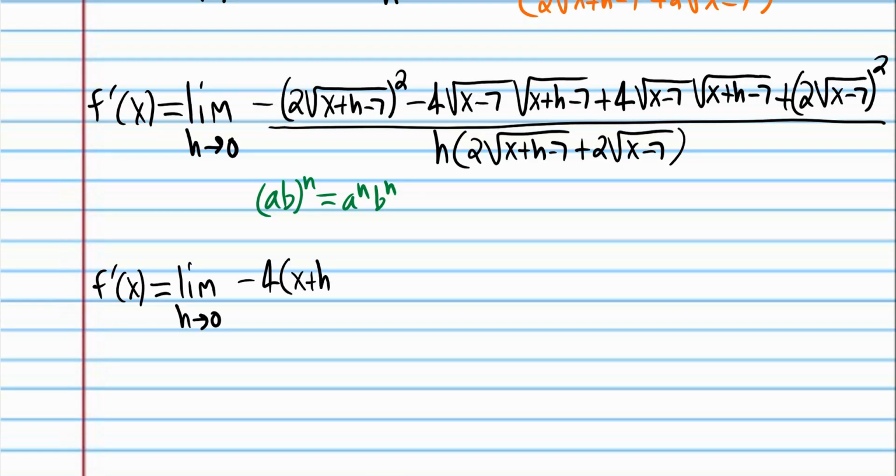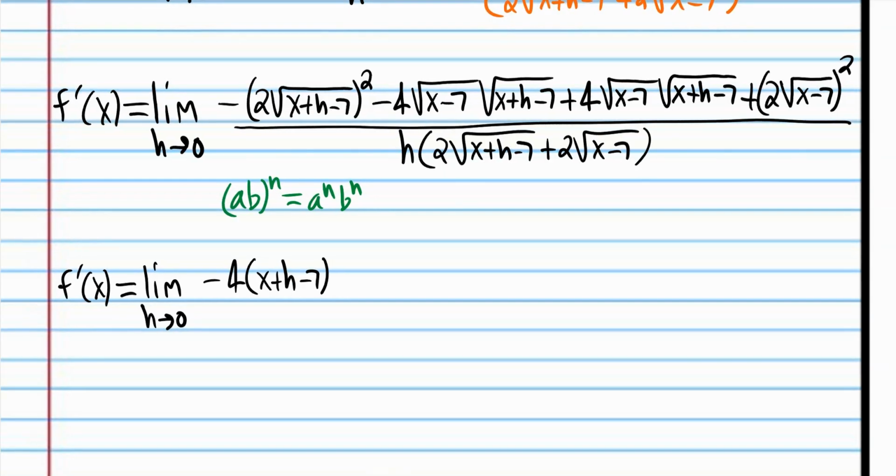That's the opposite of square rooting is squaring. And we have plus 4 times x minus 7 using the same logic on this term over here. So that term turned into that, and this term turned into that.